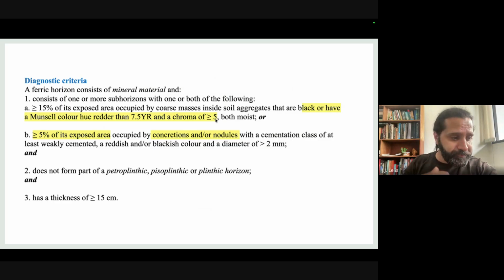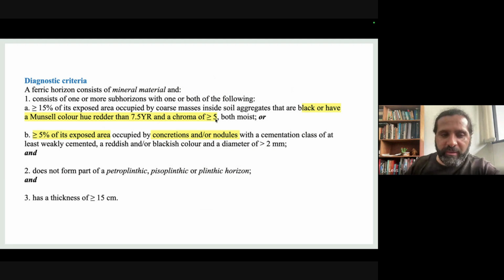Oh, sorry guys. So we have a very low area that has concretions or nodules, okay? So as I said, it's a very early beginning of this change from a reduced, anoxic environment to a condition where now iron starts to oxidize, okay?